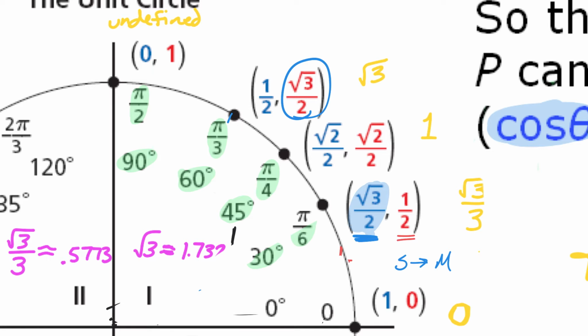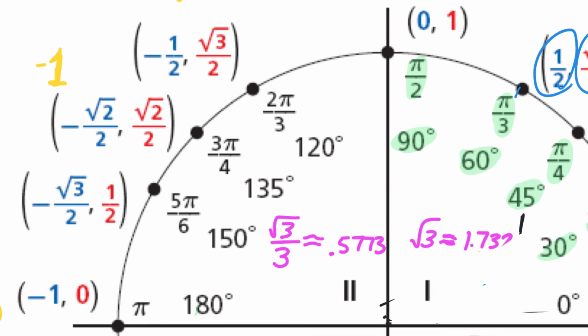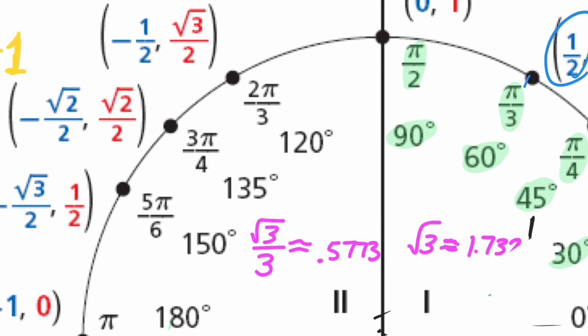And at the same time, the sine value of 1/2 is the cosine value of the 60 degree angle. So all of these values, 30s and 60s, are going to have the same combination of 1/2 and the square root of 3 over 2.